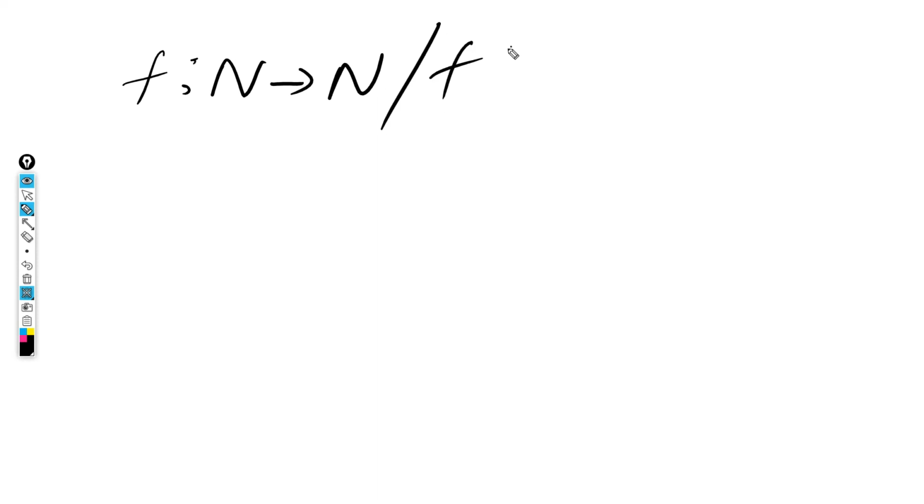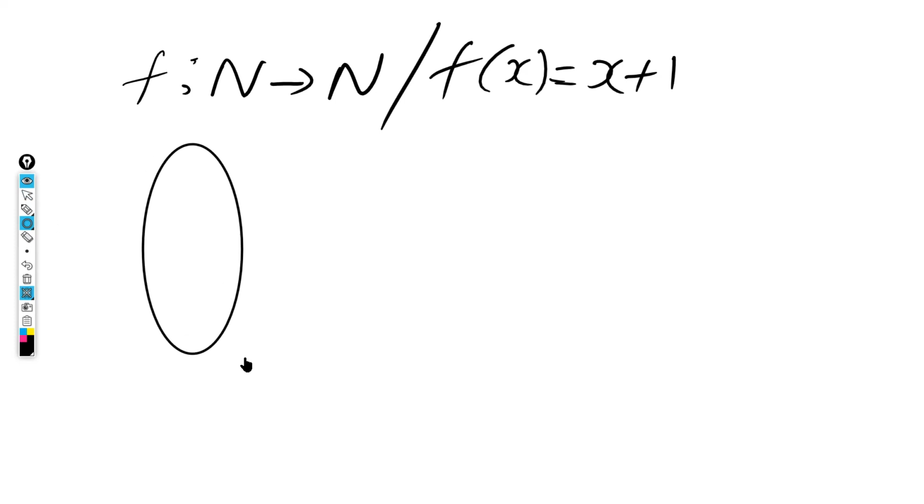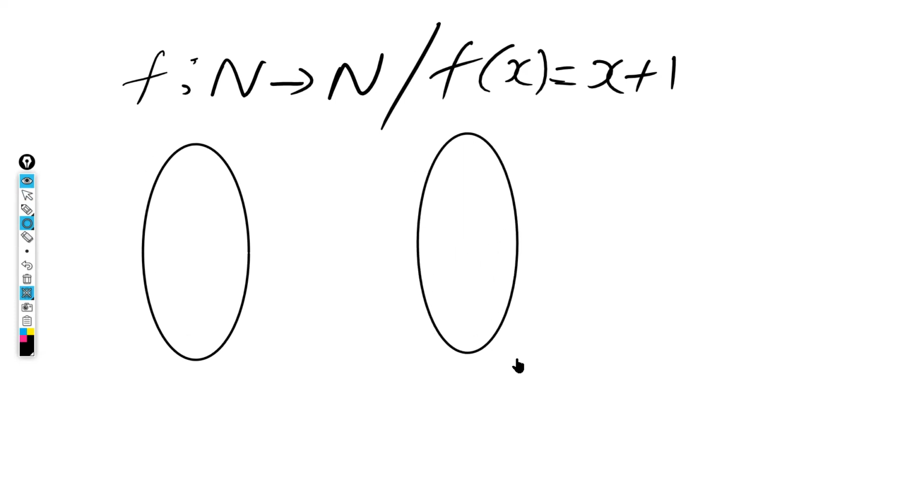Just for the revision's sake, I'm taking an example like this. f is a mapping from N to N such that f of x is equal to x plus 1. Anyone, can you tell me whether it is onto function or not? Anyone in the class? Onto? You said yes, but it is wrong.